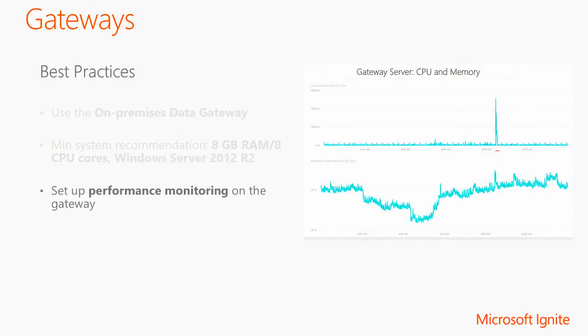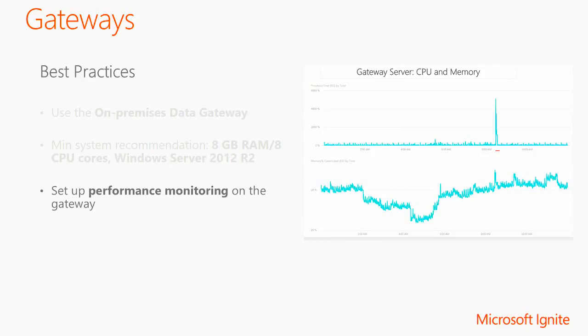Set up performance monitoring on the gateway. This could be a presentation in and of itself. But in general, the guidance here is that the gateway is installed on a Windows machine. You can use performance monitoring on the Windows machine to see what the CPU usage is, what the RAM usage is, and what the network bandwidth has looked like.